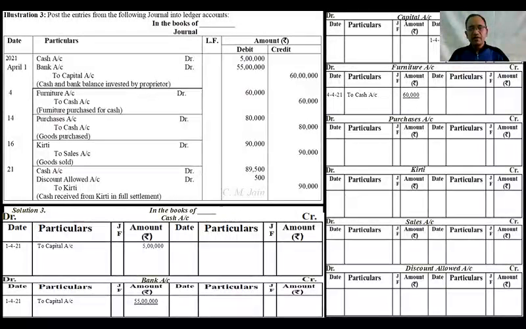And what will we write? We will write by furniture account. So in cash account, credit side, 4th April 21, by furniture account, 60,000. And this entry is also posted.